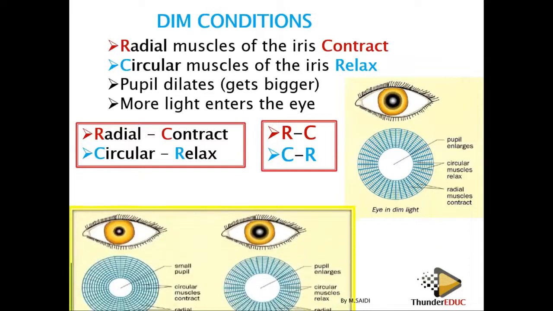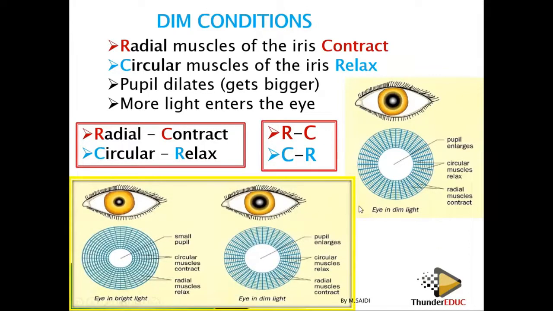Basically, if you look at this, you can compare them now. During bright light, the pupil is small, while in dim light, the pupil is big. If you look at it diagrammatically or structurally, you'll find out that the spaces here and the spaces here are not the same.